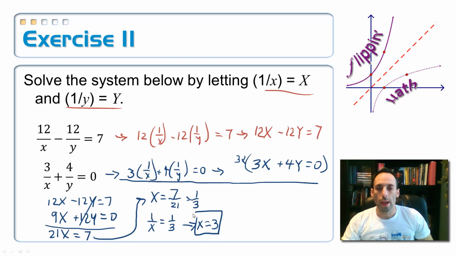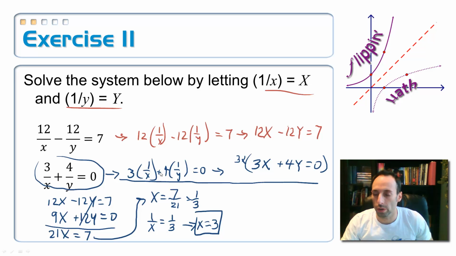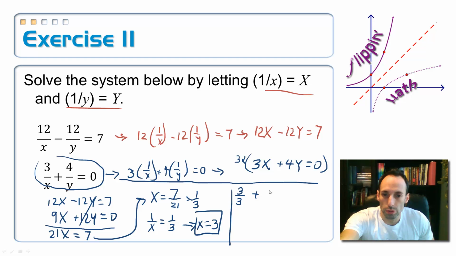Okay, now if I wanted to do the same thing for y, let's just substitute that 3 in for one of these equations. Why don't I stick it in for this one, and I can solve that thing for y, not having to worry about the weird substitution here. So I'd have 3 over 3 plus 4 over y is equal to 0.